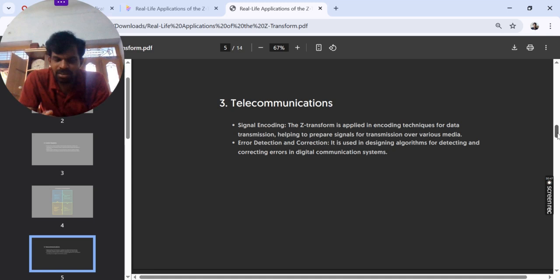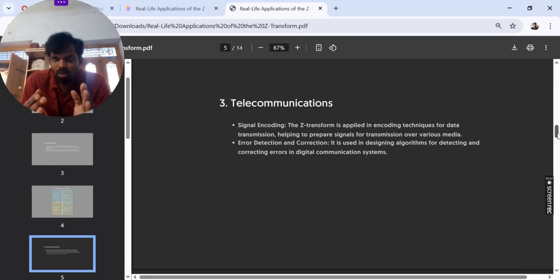So after receiving the information, we will get noisy information. While sending digital data through a channel, due to the presence of noise, either internal or external noise, or due to burst errors, the data bits may change.